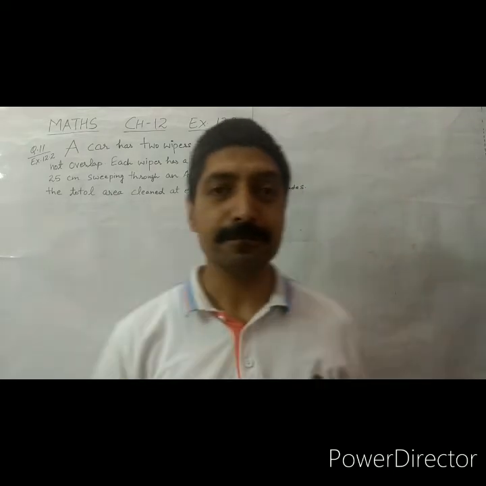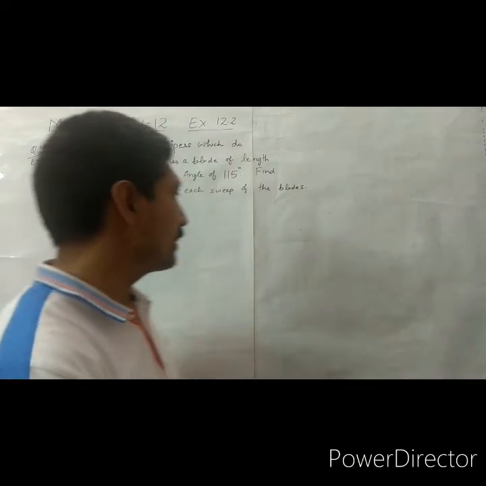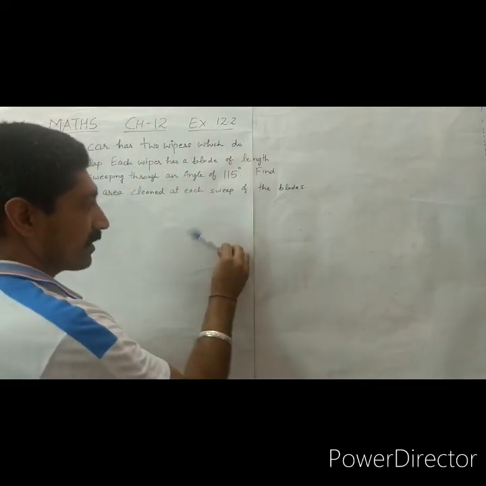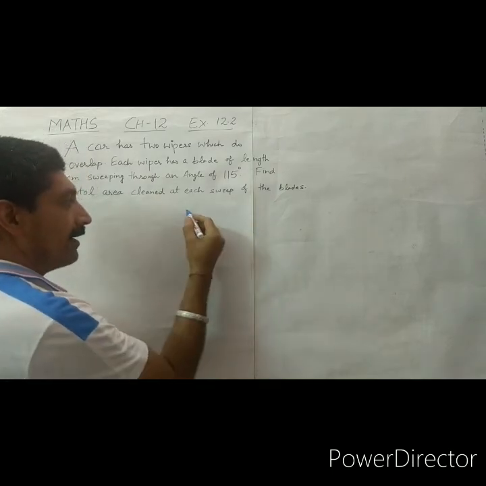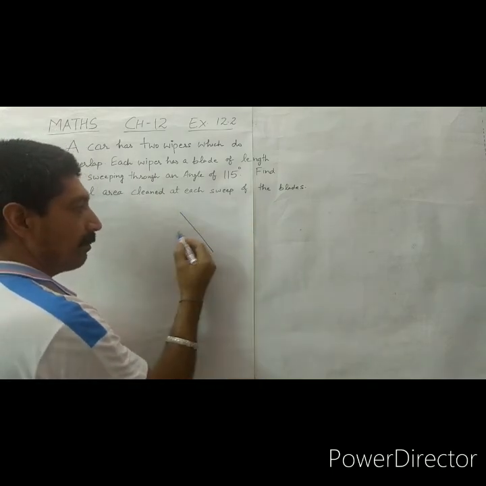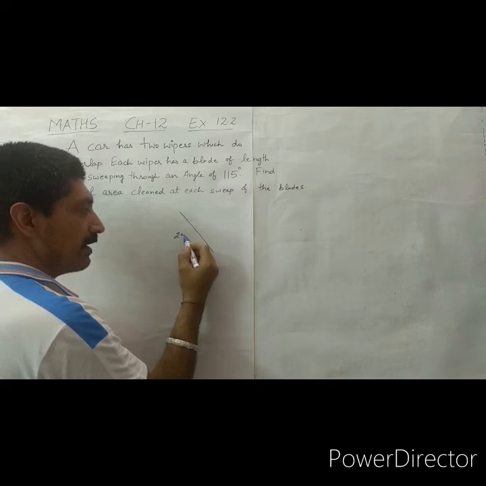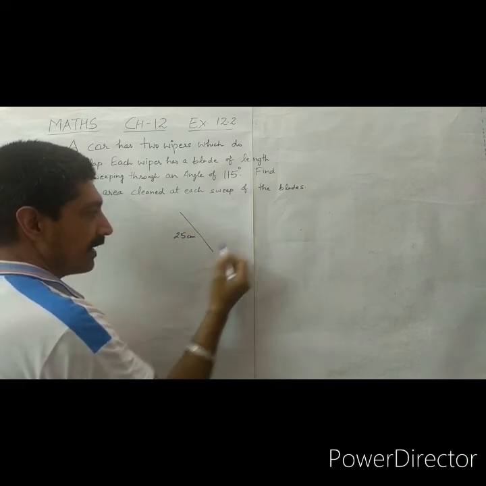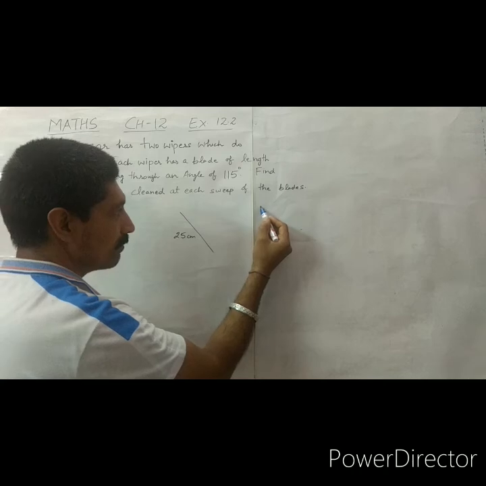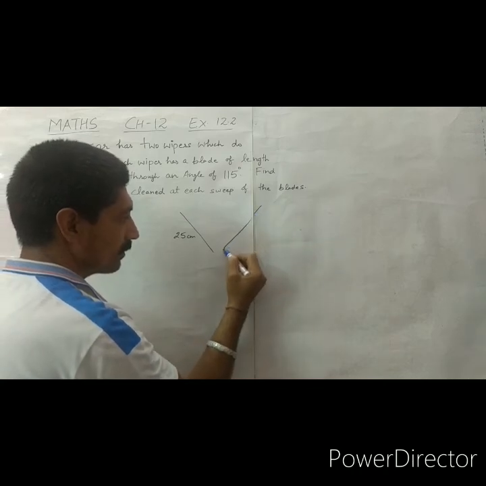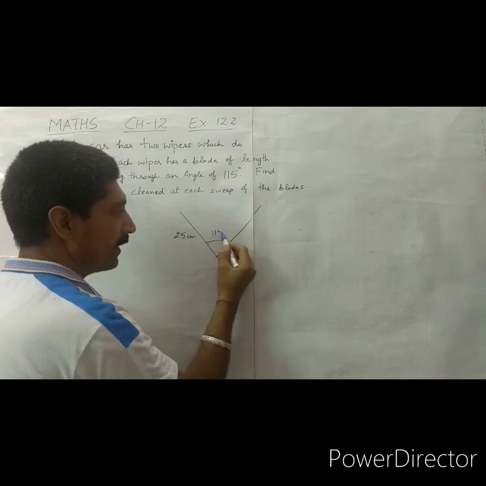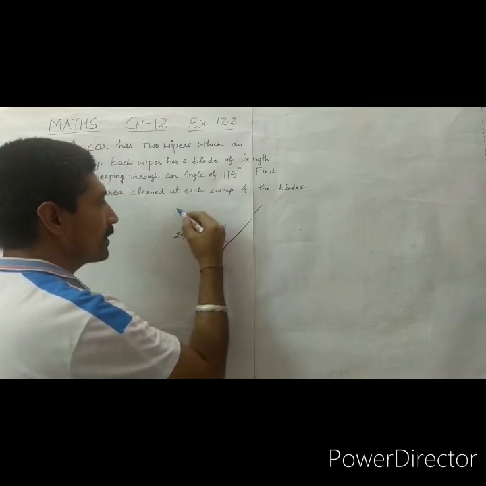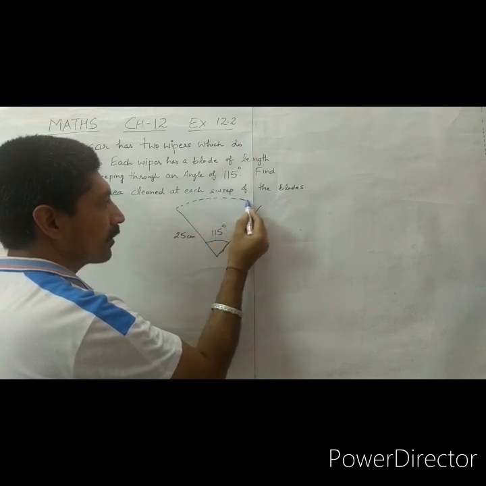So we have two blades, like in our cars, and the length of the blade is given as 25 centimeter and the angle swept, this angle here, is given as 115 degree.